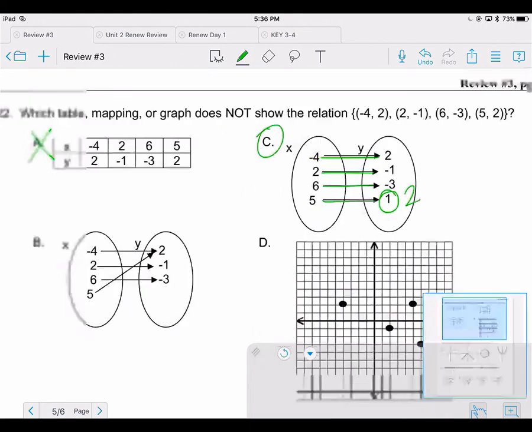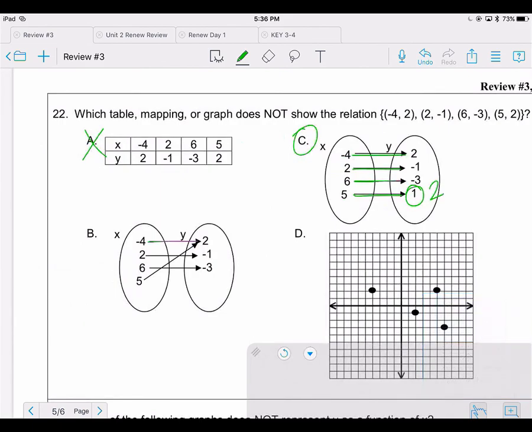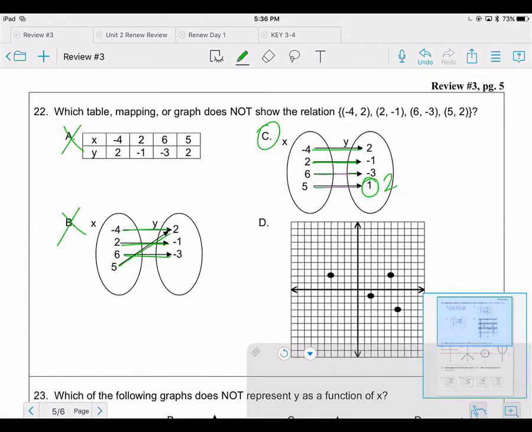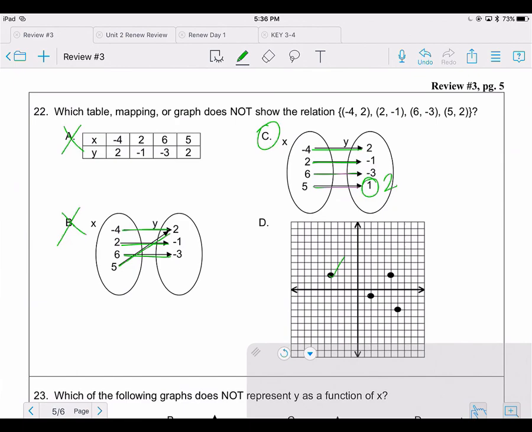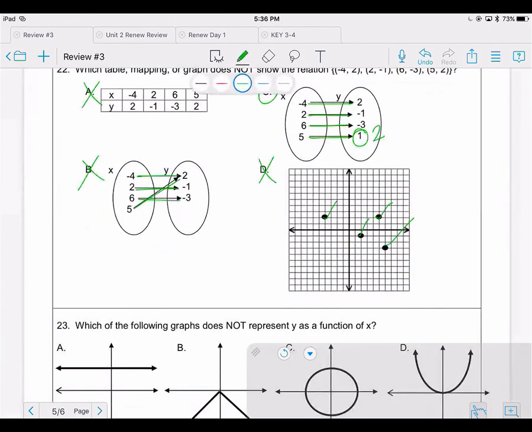So it's probably that. Let's double check. 4 goes to 2, 2 goes to negative 1, 6 goes to negative 3, 5 goes to 2. Nope, that one's correct. And then the points negative 4, 2, 2, negative 1, 5, 2, and 6, negative 3. So C is our correct answer.